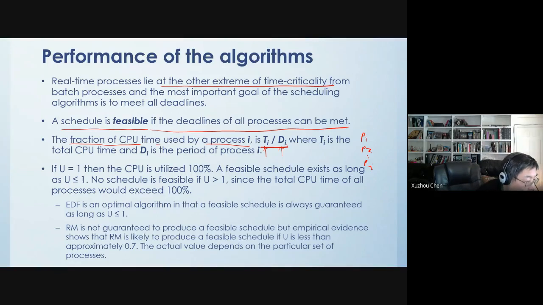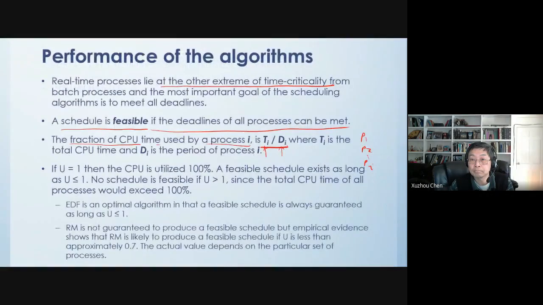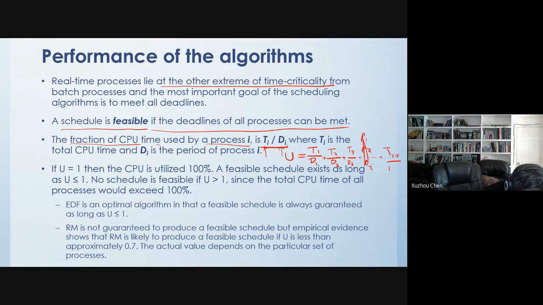I should insert the actual formula here: U is T1 divided by D1 plus T2 divided by D2 plus T3 divided by D3, depending on how many processes we're talking about. If you have a total of 10 processes, then T10 divided by D10. Okay.